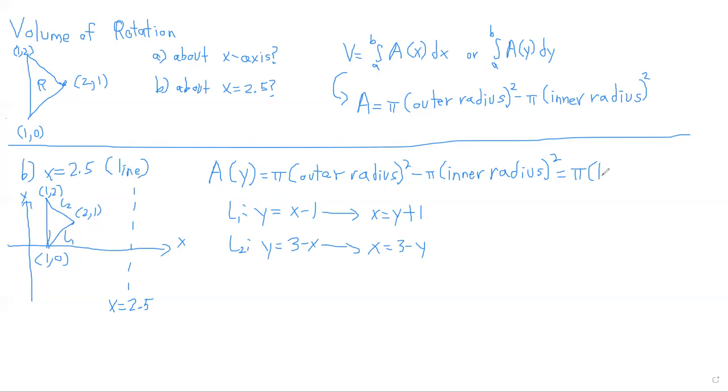The radius will be a constant 1.5. So that's the outer radius. Now, the inner radius will depend on whether you're using L1 or L2. These lines are a little different for the inner radius. So you know what? I'm going to do this instead.